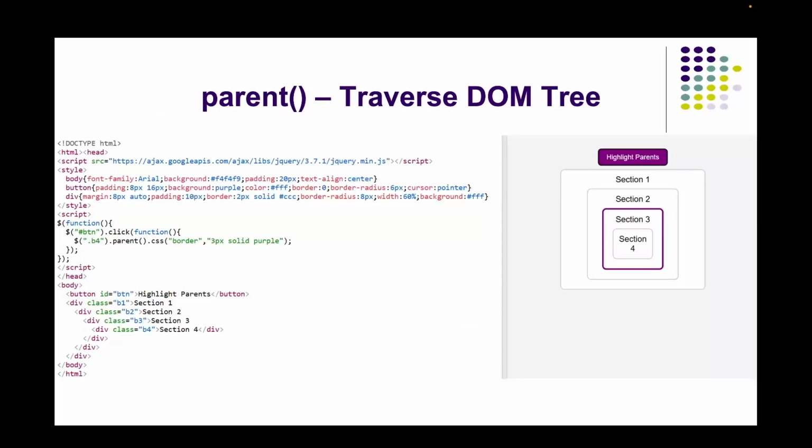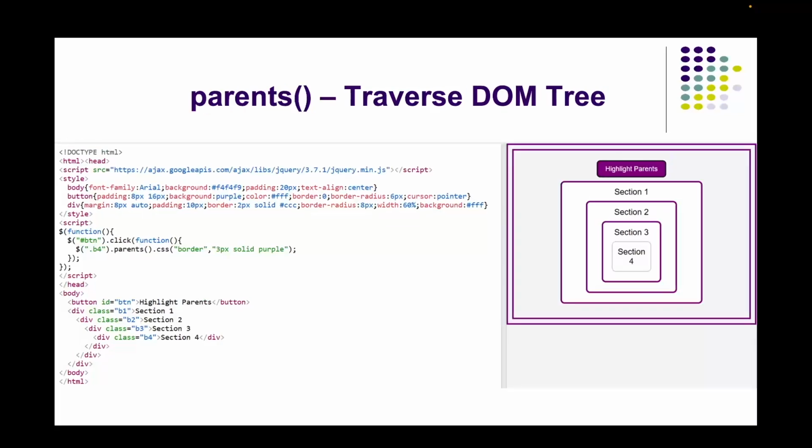So as we can see here, parent selects the direct father or mother of that element. As section 4 selected section 3, which is the parent of it. And parents on section 4 selects all the sections above it.